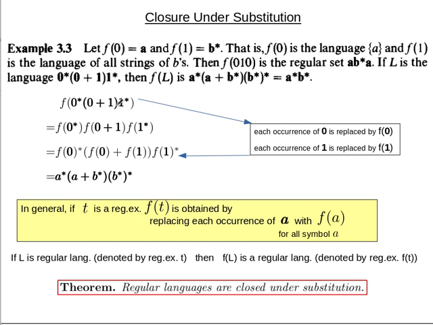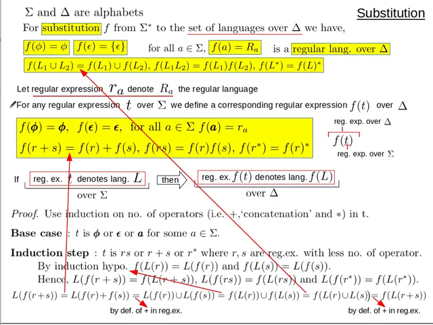So what is happening is that you are replacing this 0 with f of 0, you are replacing 1 with f of 1. Now in a regular expression you can also have phi and sigma, right? So you will also replace those with f of phi and f of sigma, but that is just sigma and phi. So f of sigma is sigma, f of phi is phi.